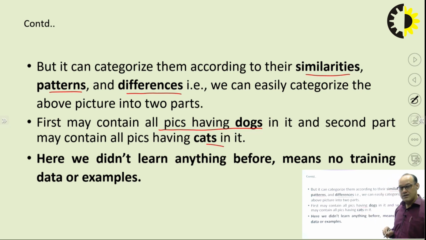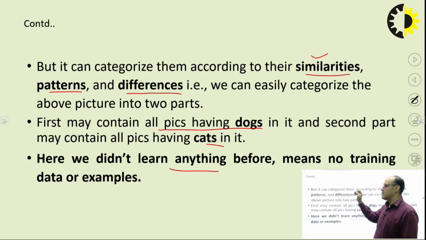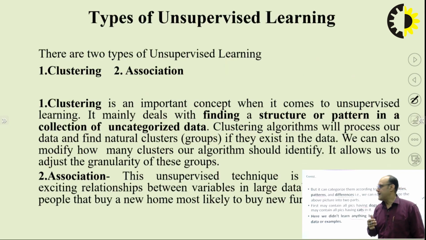Here we didn't learn anything before, meaning no training data or example is given. After the images come, the machine will predict on some similarities, patterns, and differences. It will differentiate whether the input image is of a dog or a cat, right?